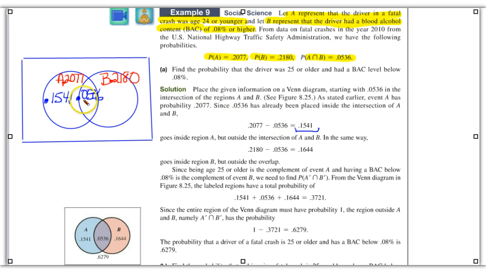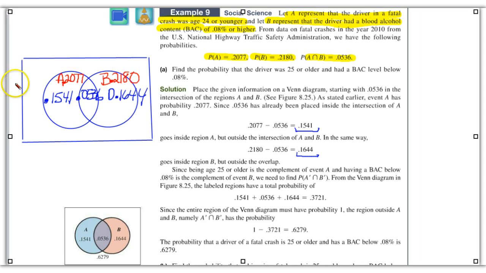And then we're going to subtract this intersection again from this, and we're going to get 0.1644. And they have this down here.